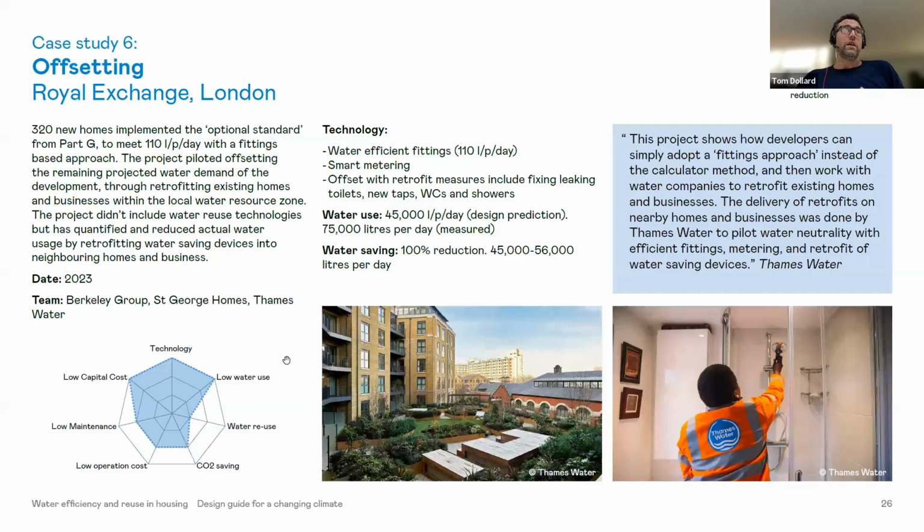And then finally, the offsetting case study. This is the Royal Exchange in London. And we've got monitored data from Thames Water. And this actually was a really fascinating one in terms of the concept of offsetting, and we did look at lots of other case studies that were looking at offsetting in different ways. Some were looking at building reservoirs, some were looking at the wider water resource zone, and how they can offset within different uses, whether it's schools or commercial.